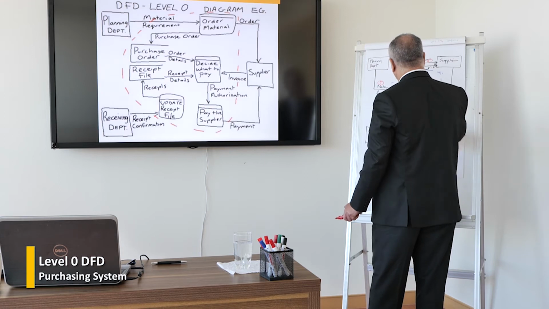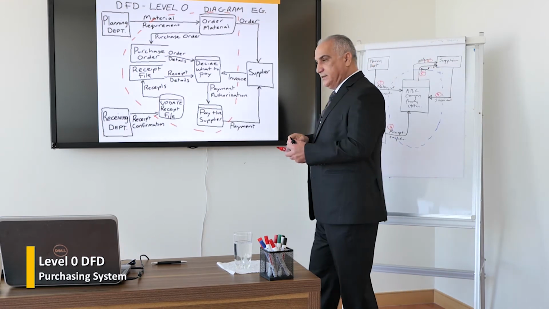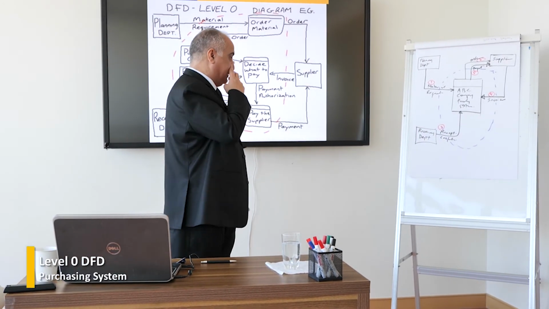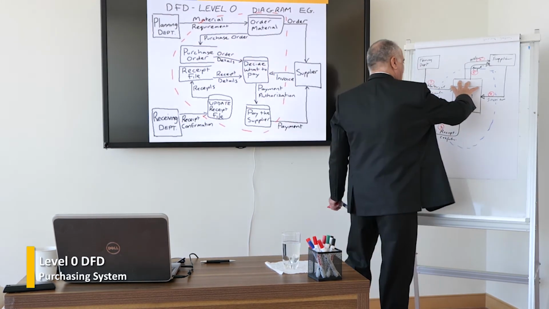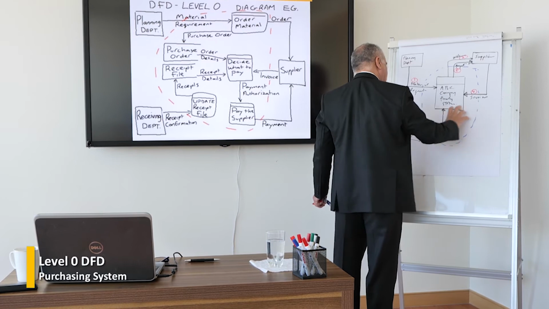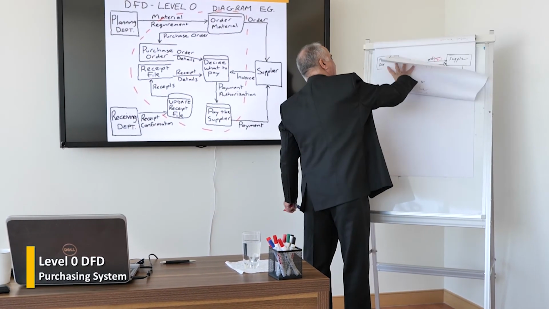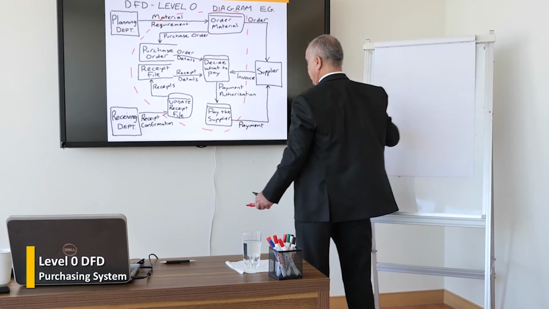The only thing we are going to look at is to open this box and see how many processes are under this system. In this case, we are now looking at the detailed process.